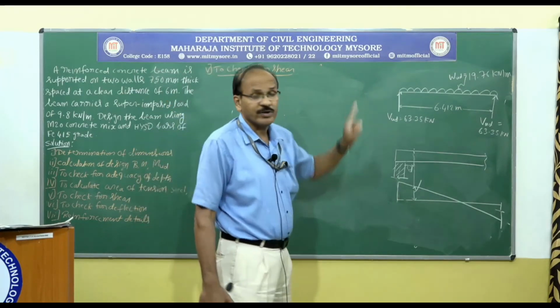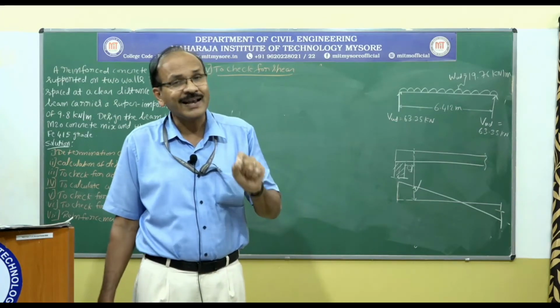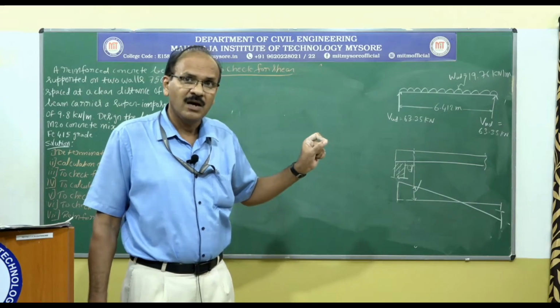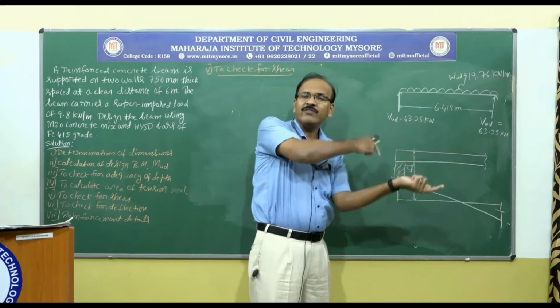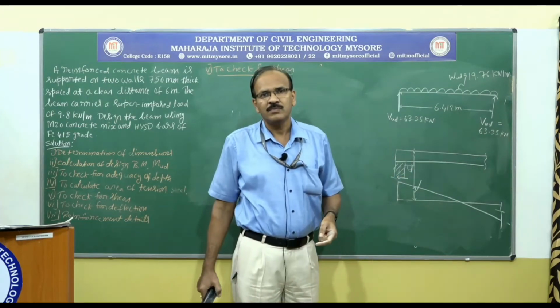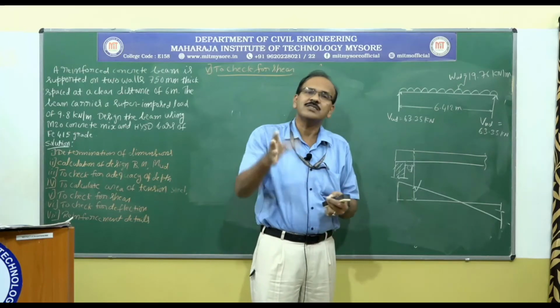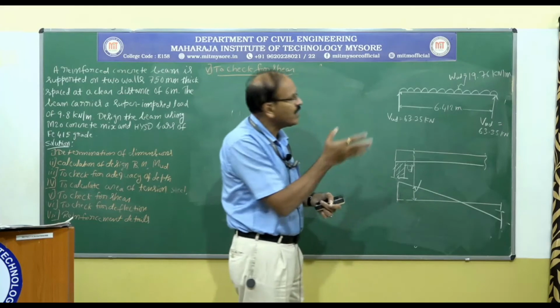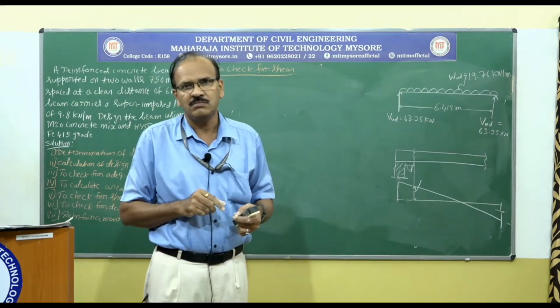So I am committing an error in calculating the exact shear. Instead, I am taking the shear towards a higher value. Okay, that error I am committing is on the safer side. I am doing that just to save time and also to avoid complexity of the problem.